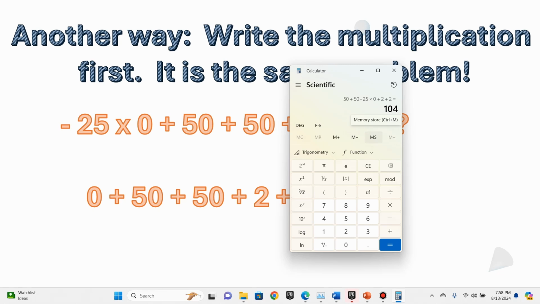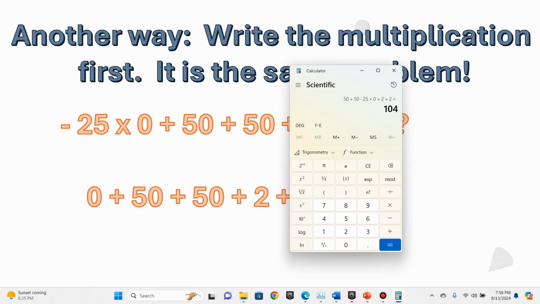This is because this calculator is using expression mode, which allows you to enter an entire expression, then hit the equals key once and you'll get the right answer of 104. Now, I've seen people take scientific calculators, or calculators that do have expression mode entry, and hit the equal sign after everything, which is kind of mind-boggling to me.